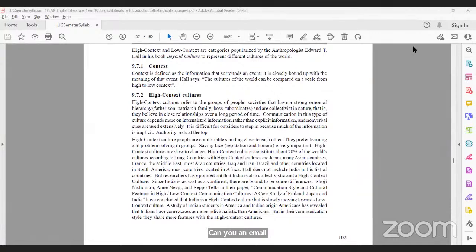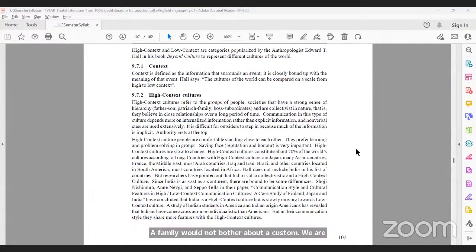Okay, so a high context culture talks about community. They always work and celebrate things in a collective form. Their values are long lasting, their relationships are long lasting. But when we are talking about low context culture, it's actually individualistic. We do not bother about a particular group, a family, or a custom.